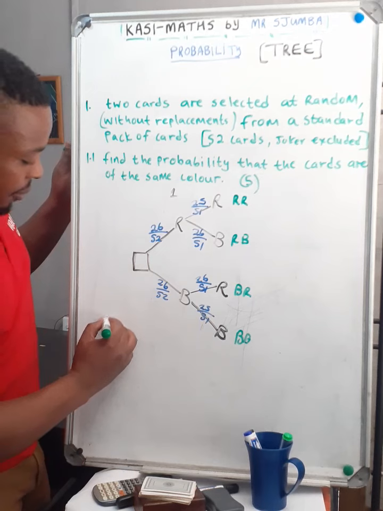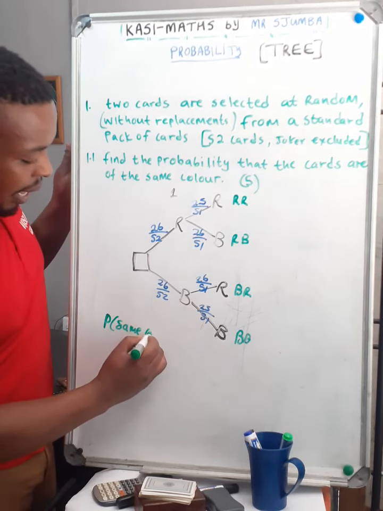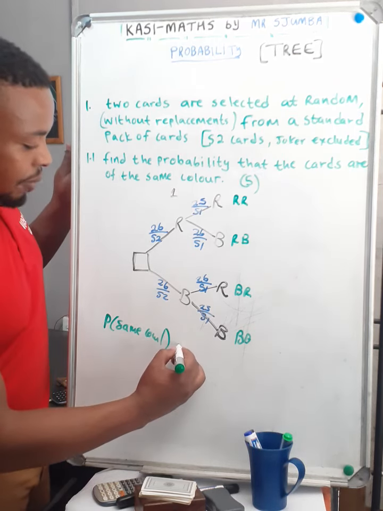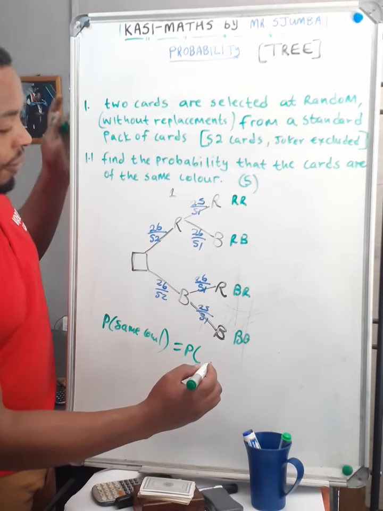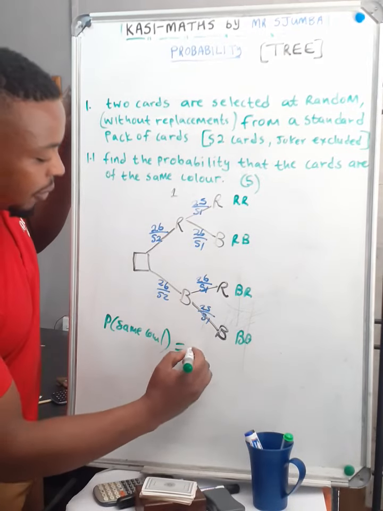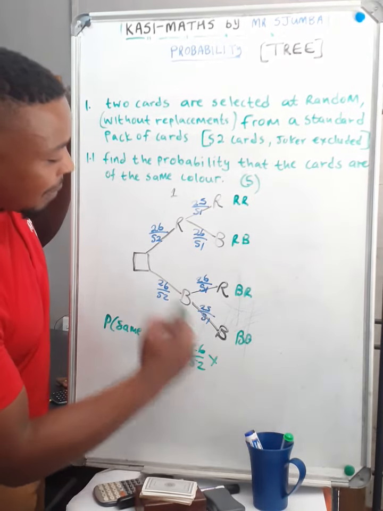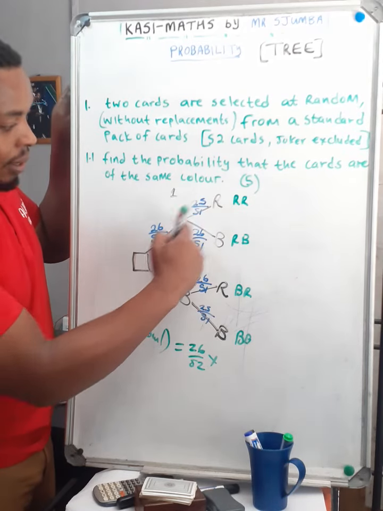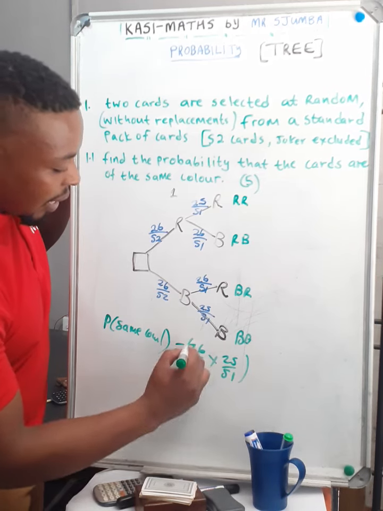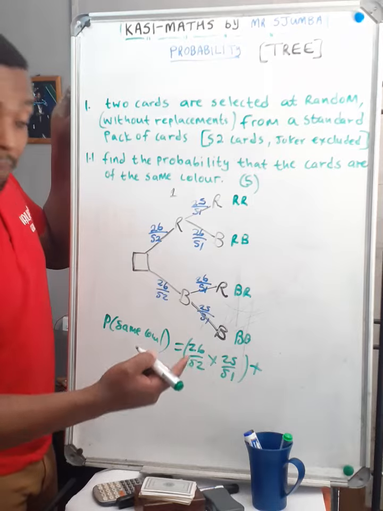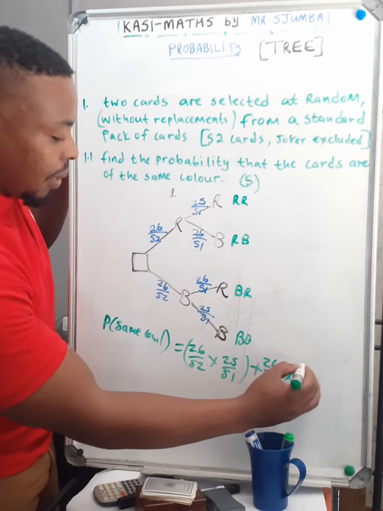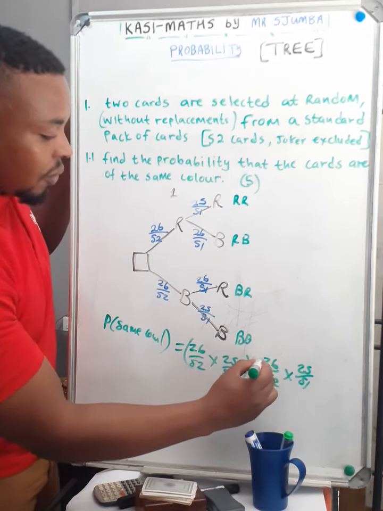The probability of same color will be 26 over 52 multiplied by 25 over 51, for red, plus the same for black: 26 over 52 multiplied by 25 over 51.